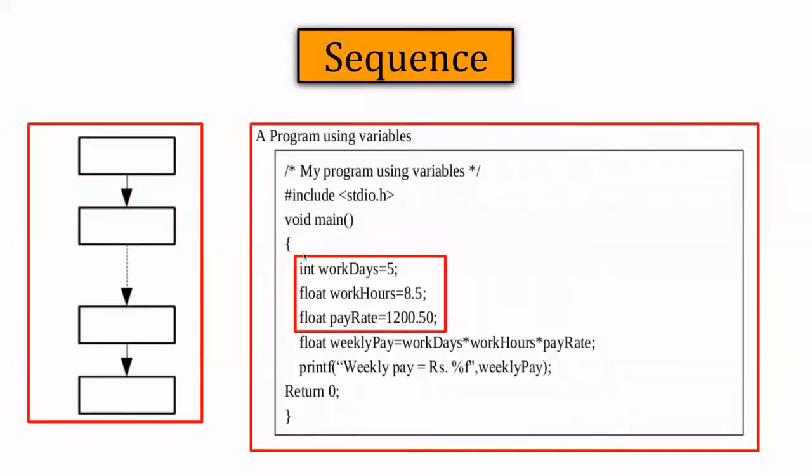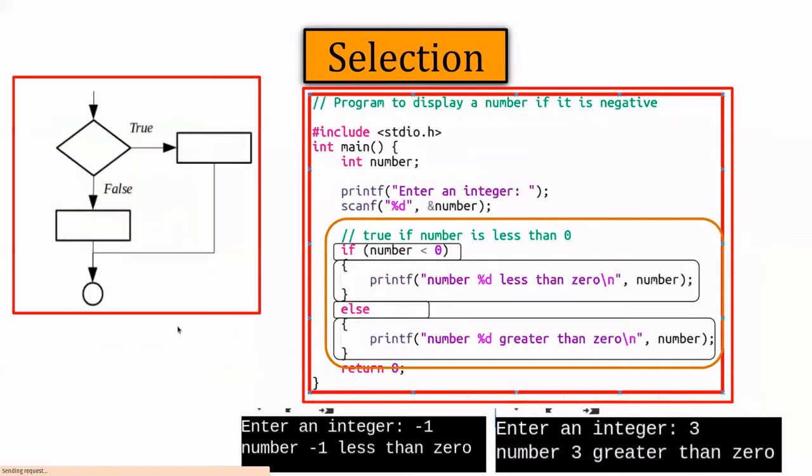Sequence is like this: first instruction, then second instruction, and like that it goes sequentially. This is a sequential program. This is a selection.